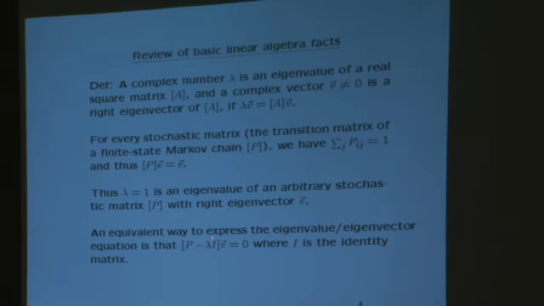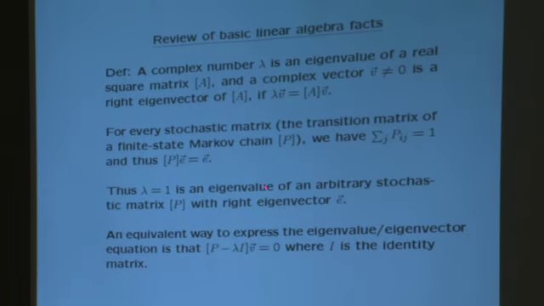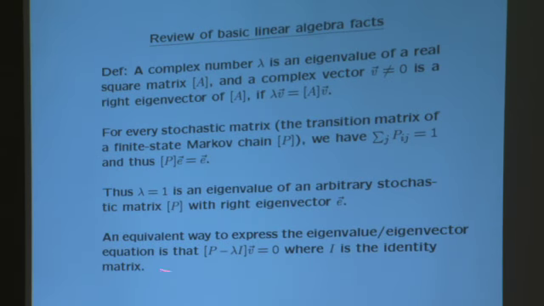Okay, there's another way to express this eigenvalue eigenvector equation we have here, and that is that the transition matrix minus lambda times the identity matrix times the column vector v is equal to 0.